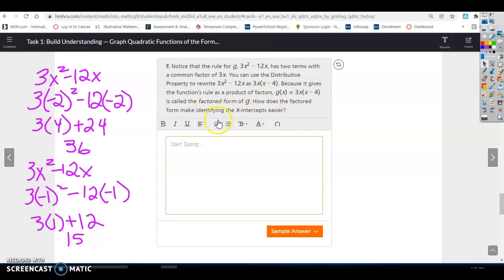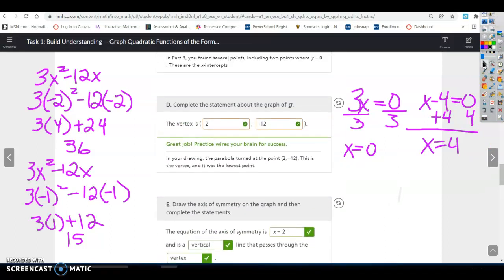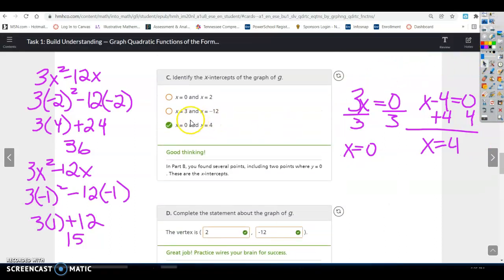How does the factored form make identifying the x-intercepts easier? All right, so if you look at this, the factored form is 3x, and we can set that equal to 0. And then we have x minus 4, and we can set that equal to 0. If we divide by 3, we get x equals 0. And if we add 4, all we're doing is solving for x for both of these. We get x equals 4. So if you remember, the intercepts were 0 and 4.